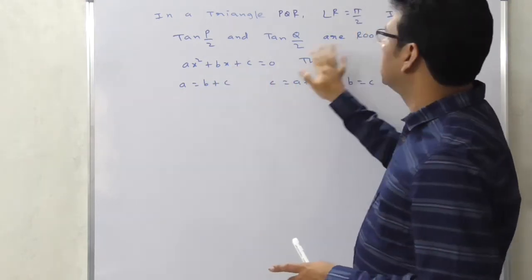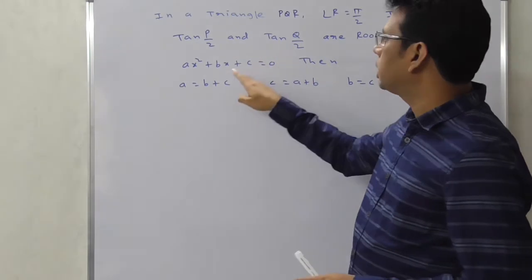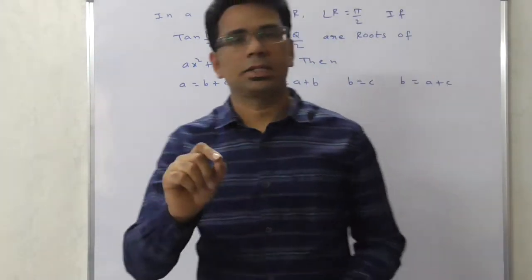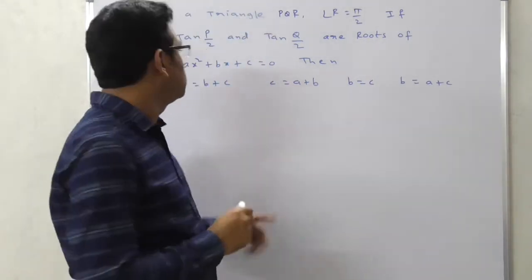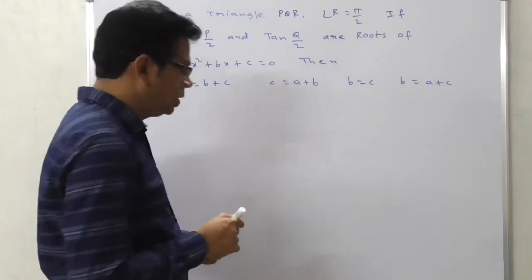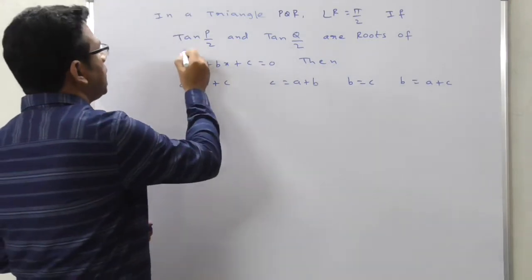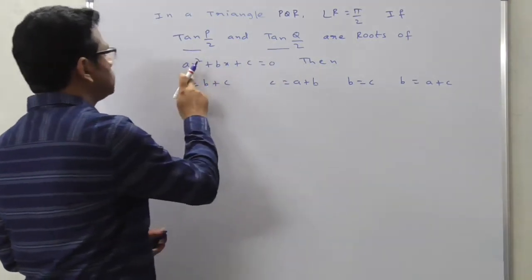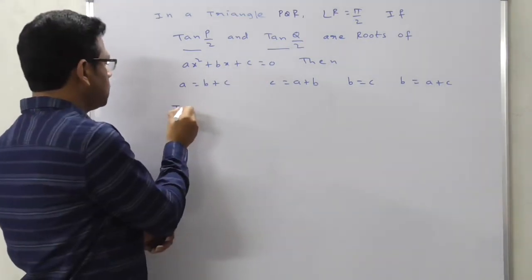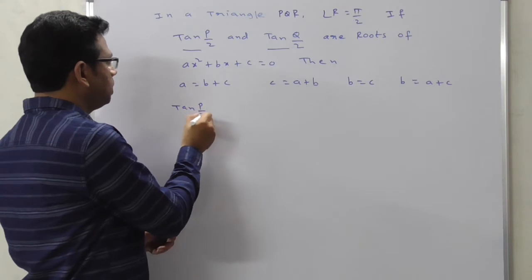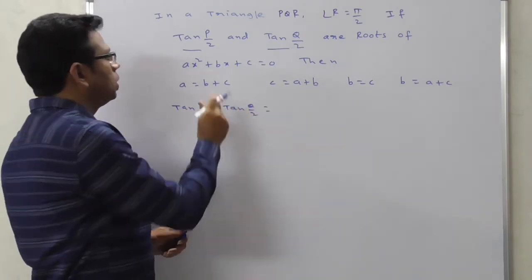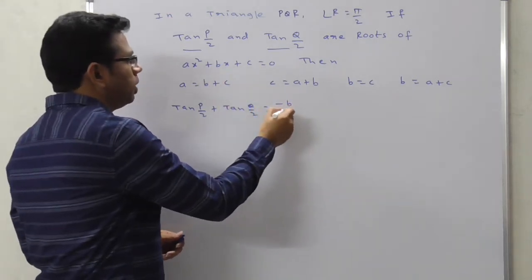So here tan P/2 and tan Q/2 are roots of the given equation, that is ax² + bx + c = 0. So by using this we can write the sum as well as the product, right? Here I am writing the sum of the roots: tan P/2 + tan Q/2 = -b/a.